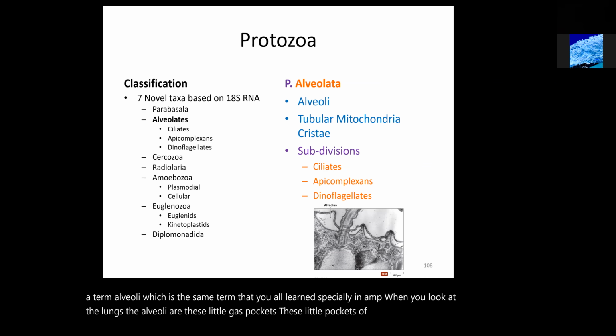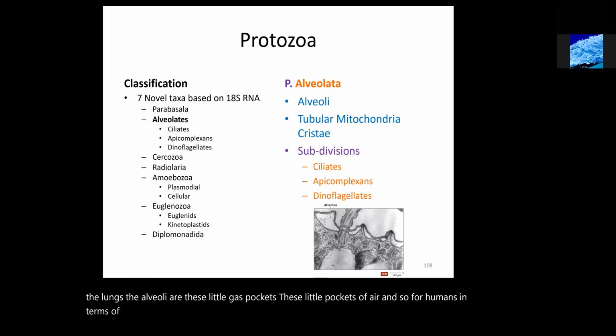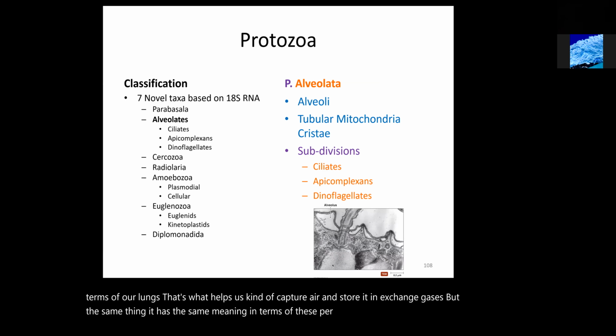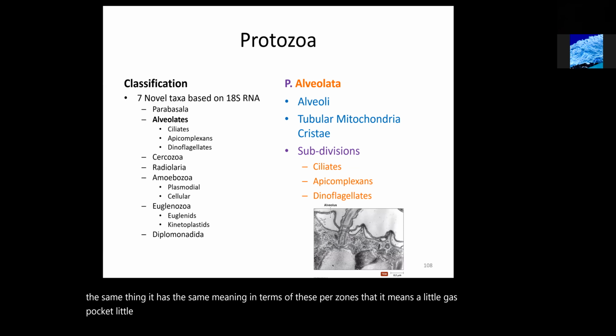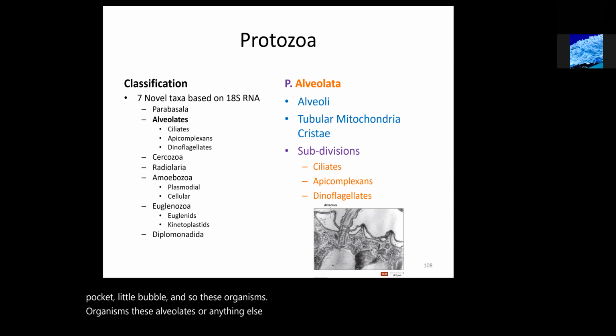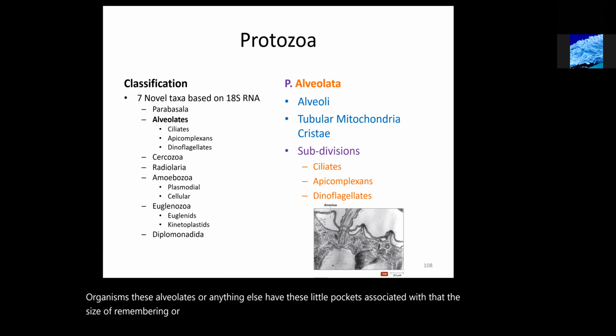And so for humans, in terms of our lungs, that's what helps us capture air and store it and exchange gases. But it has the same meaning in terms of these protozoans, that it means a little gas pocket, a little bubble, if you will. And so these organisms, these alveolates, more than anything else, have these little pockets associated at the sides of their membrane or internally. And so that's where they get their name.